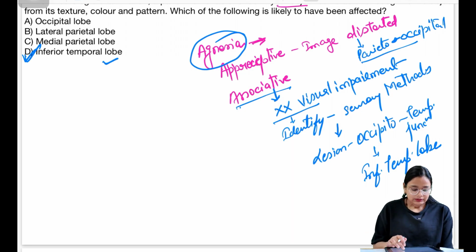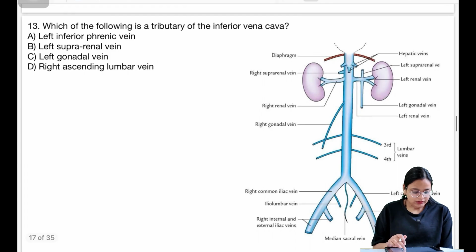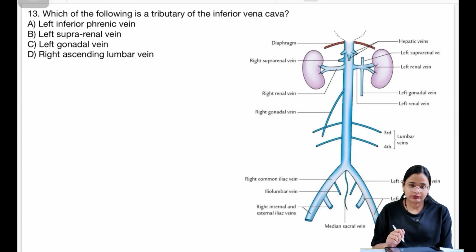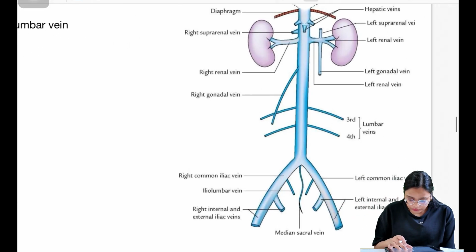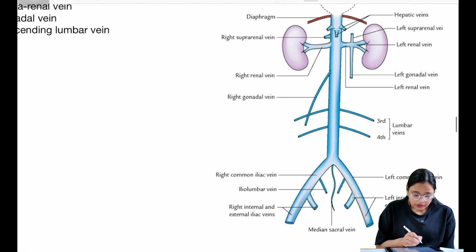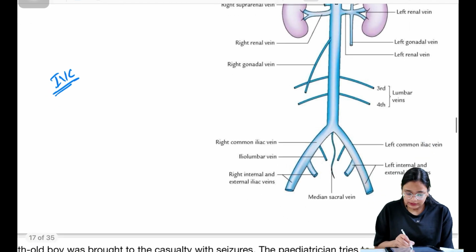Okay, next is which of the following is a tributary of inferior vena cava. So here I have shown you all those tributaries of inferior vena cava. The direct tributaries of the inferior vena cava: first one is right and left common iliac vein, then we will have medial sacral veins.